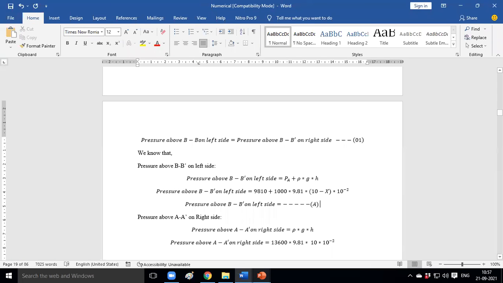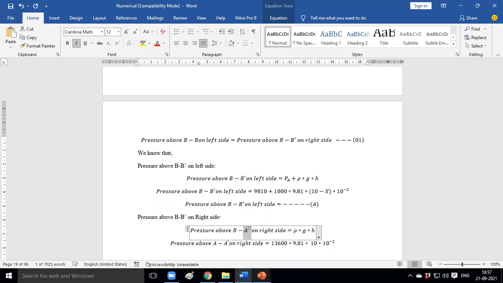We can call this equation number 1. Similarly, pressure above BB dash on the right side. What will be the equation? Rho GH.